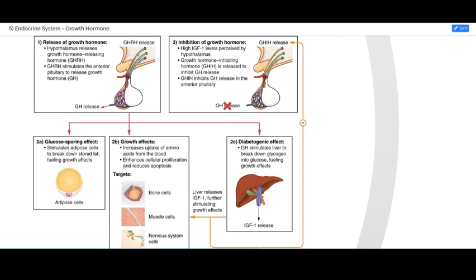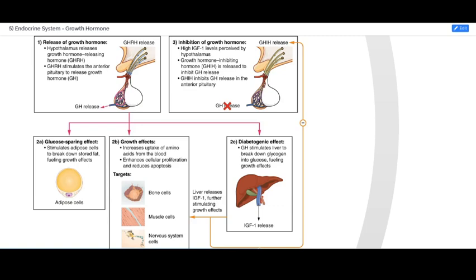The yellow line in this figure, coming off of the picture of the liver, that suggests the effect that IGF-1 has on growth, also shows a branch off that line going back to the hypothalamus.